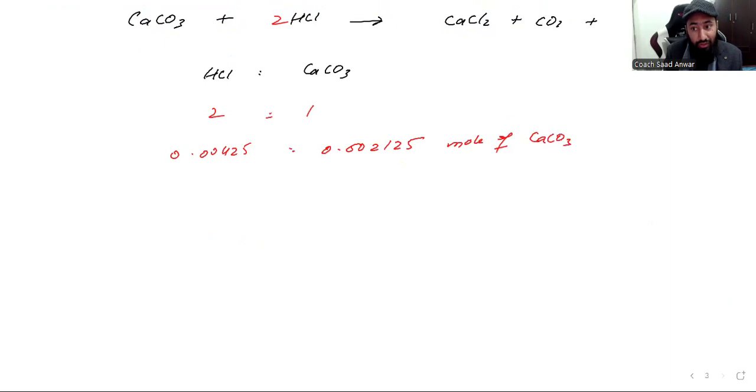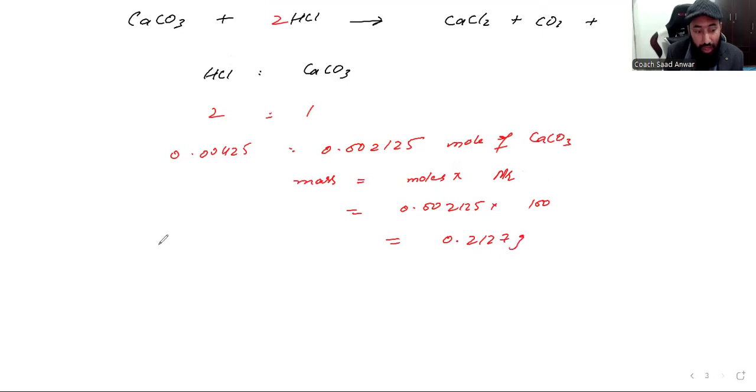So once you have the moles of calcium carbonate, you can find the mass. You know, mass is equal to moles times Mr. Moles is 0.0021125. Mr of calcium carbonate is 100. So this will give you the mass of calcium carbonate, that is 0.2127 gram. The last step, percentage of calcium carbonate.